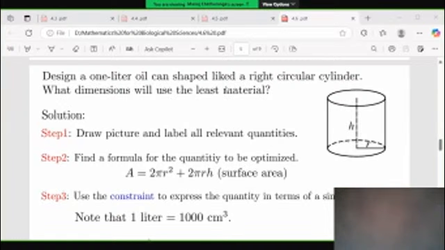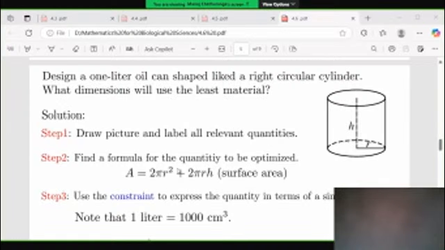It may be costly to make this can. So, surface area. We need to cover the bottom and top and this curved surface.